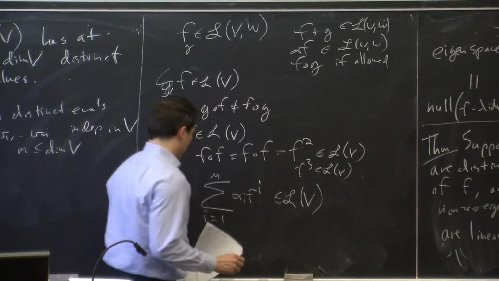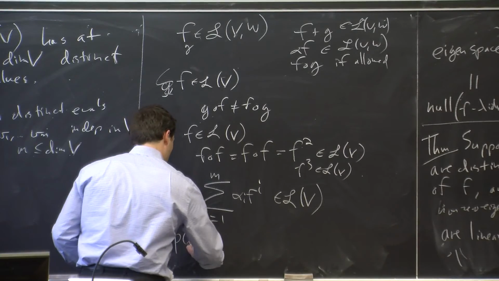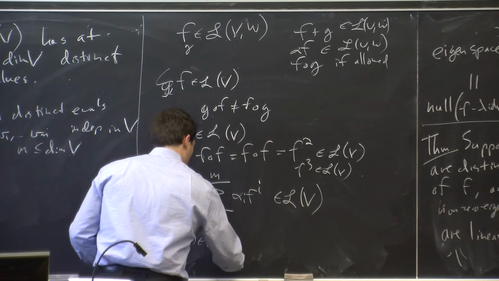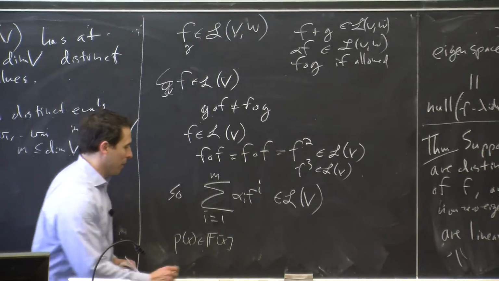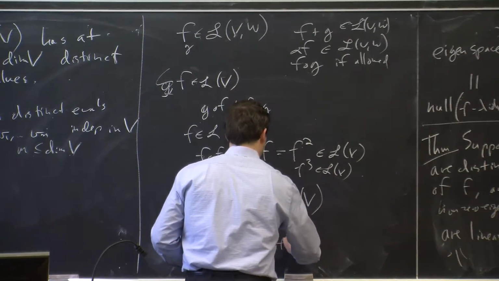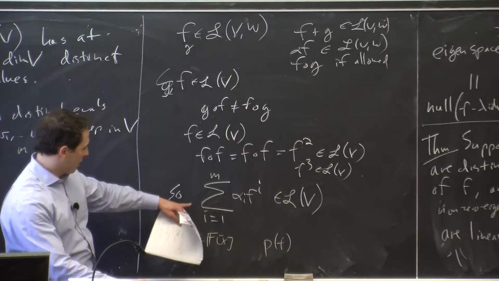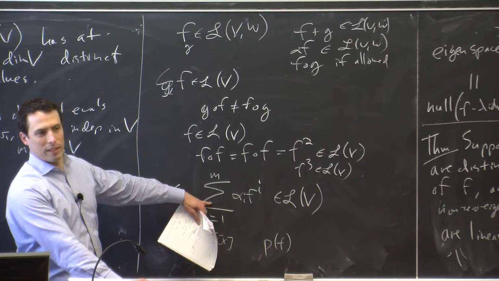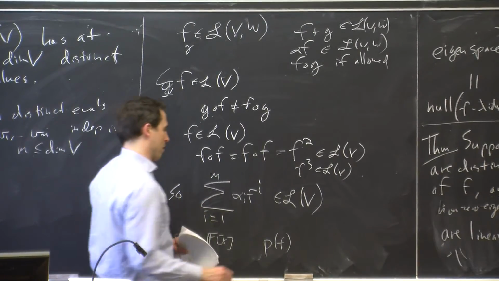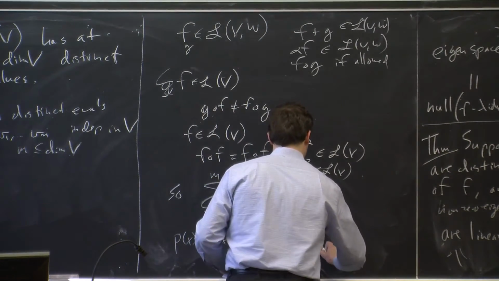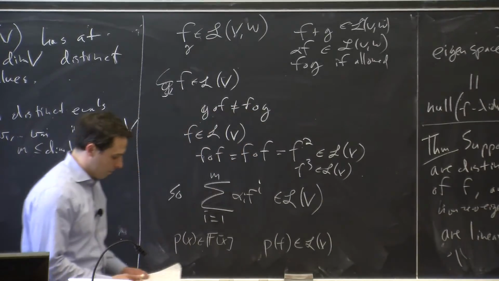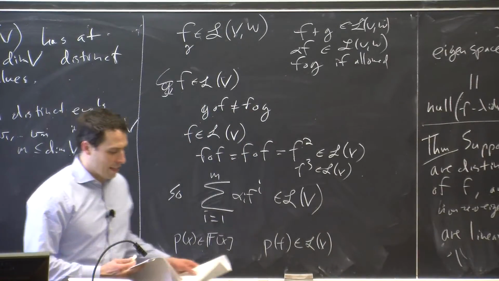So that tells me that given any polynomial, I can apply that polynomial to a linear transformation and get something that looks like this, right? I get a new linear transformation. So why is that interesting?